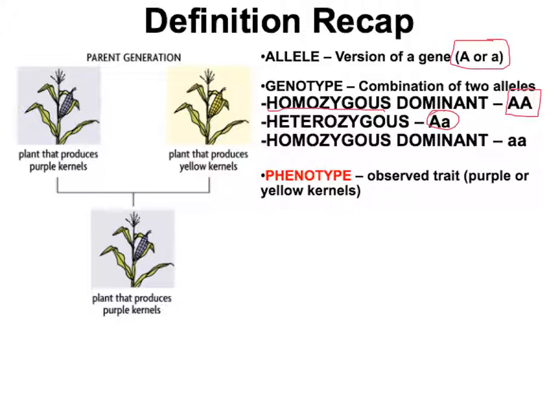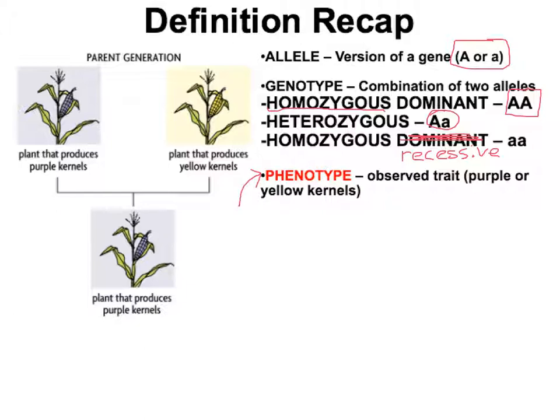And homozygous recessive is with little a, little a. So again, homozygous means two of the same, and the recessive means that both of those are little a, little a. Now here's a new term, phenotype.